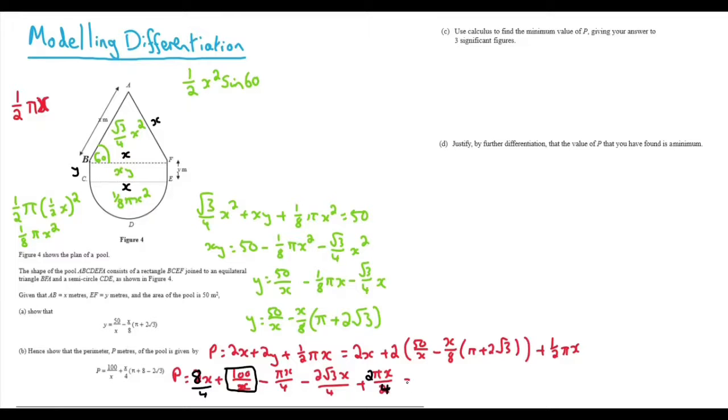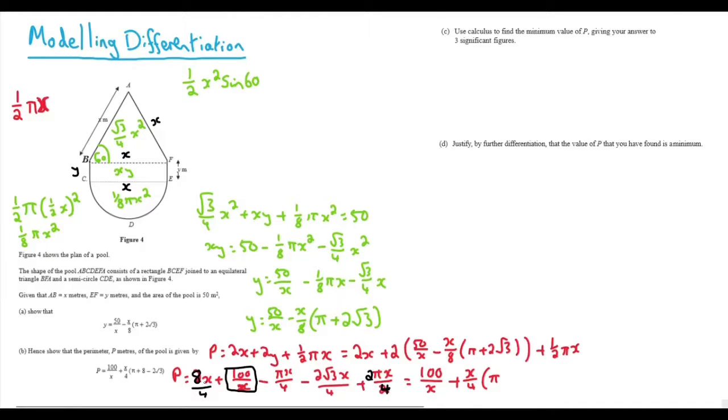So just to rewrite it one last time, you have 100 over x, and then plus, if we take out the factor of x over 4, and we'll do it in the order that we have here. Because this was left here just with these two terms with a pi x over 4, take out the x over 4, that just leaves you with the pi.